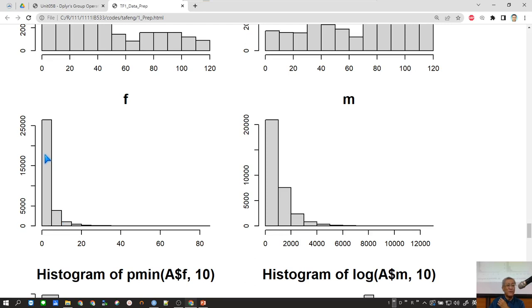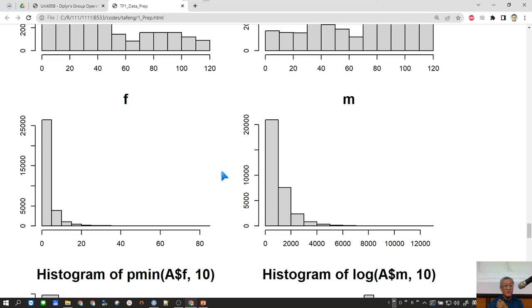So most of the people are buying 1 to 5 times, okay? And then it decreases very quickly, right? Very few people are buying more than 20, okay? But there are people buying like 80 times, okay? Is this 80 items in one transaction, or 80 times in the past 4 months?